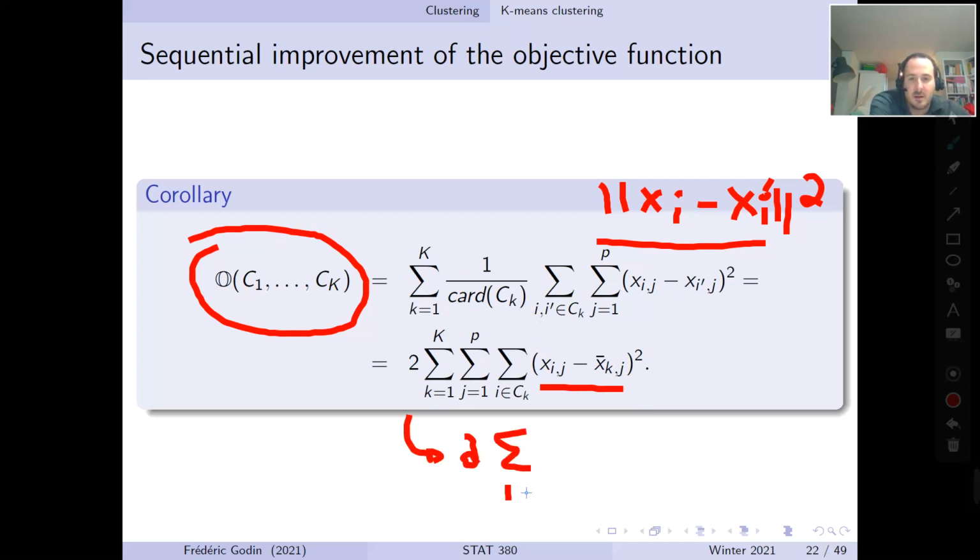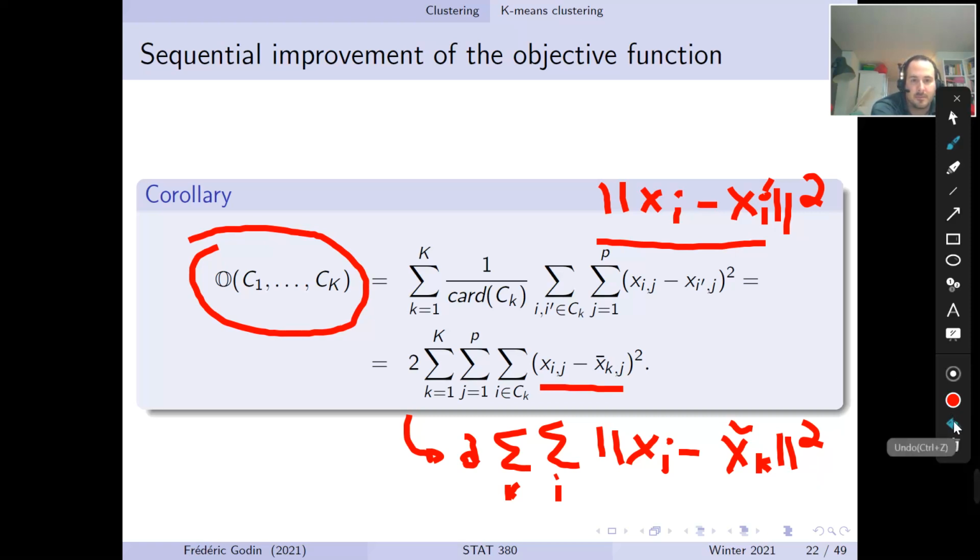So it's twice times the sum across all clusters times the sum across all observations within clusters of this Euclidean distance between the ith point and the centroid with respect to cluster K.